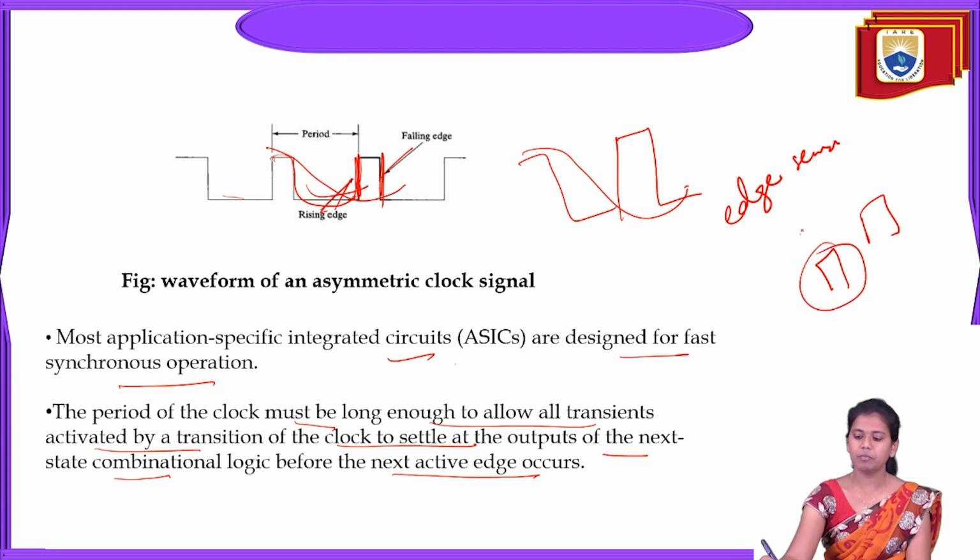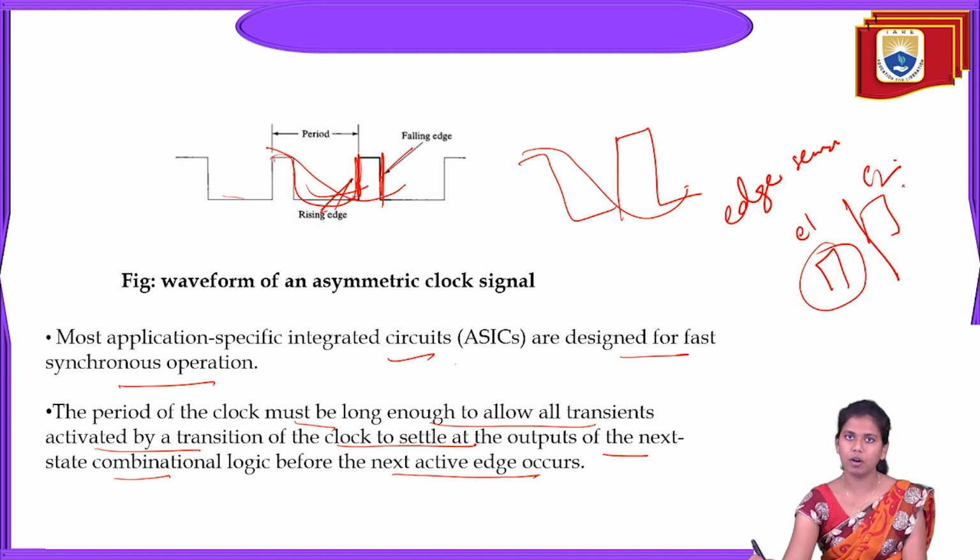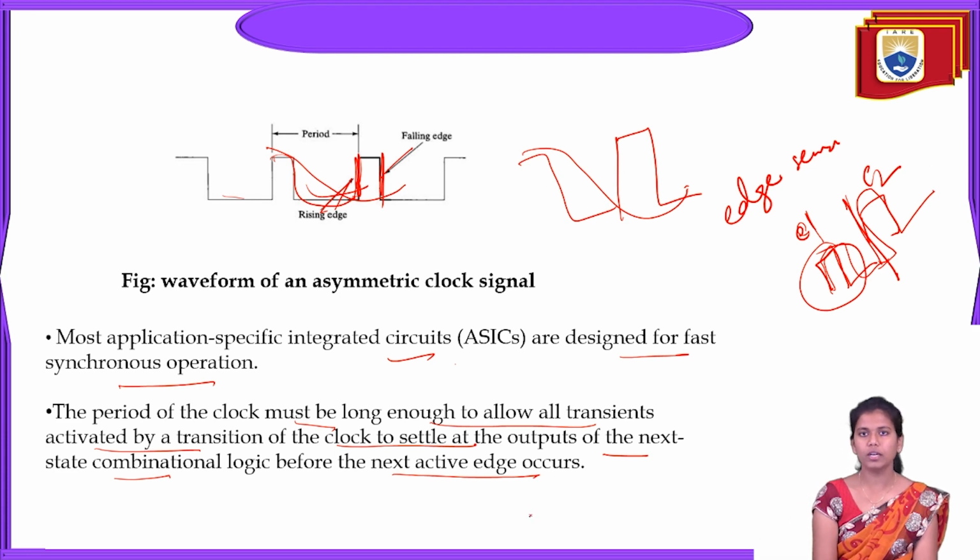For example, if it's edge 1 and edge 2, before edge 2 is formed, all the transitions pertaining to that output and the given input will be done at edge 1. Then only it will pass through edge 2.